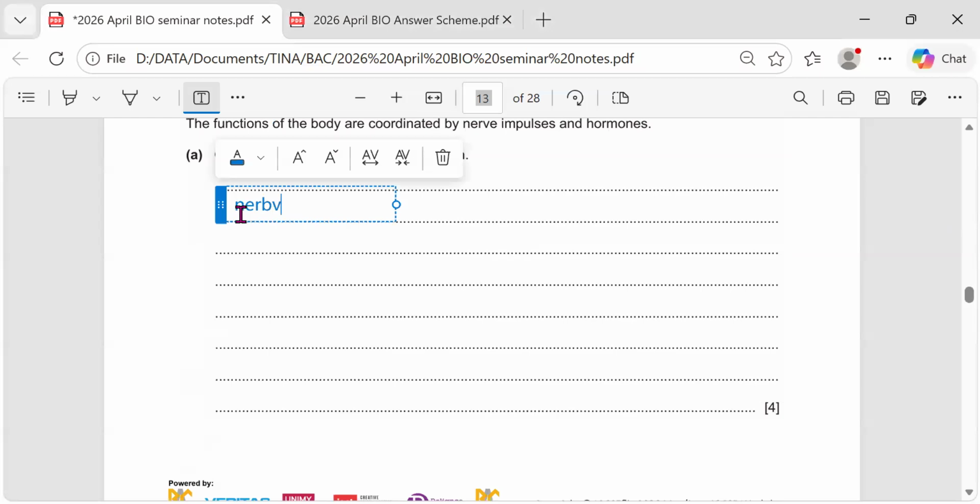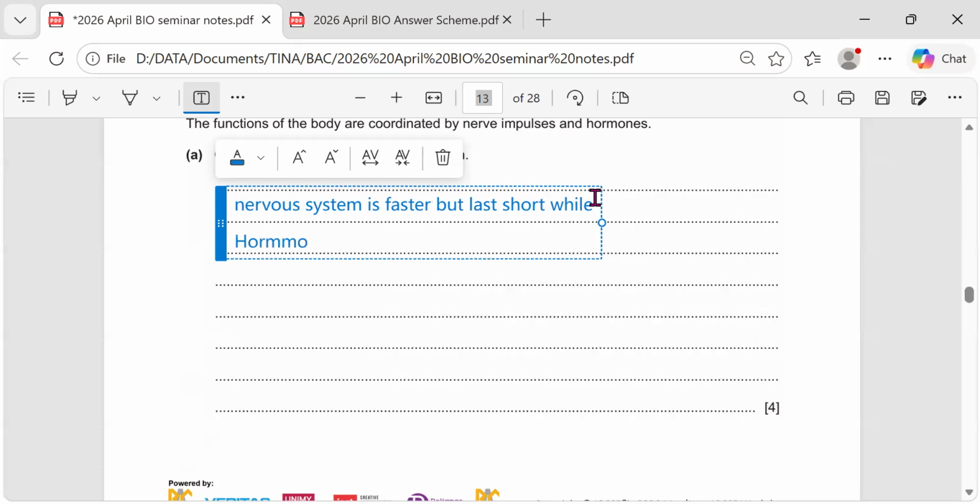The nervous system is faster but lasts only a short while. Hormones, on the other hand, have an effect that lasts longer.